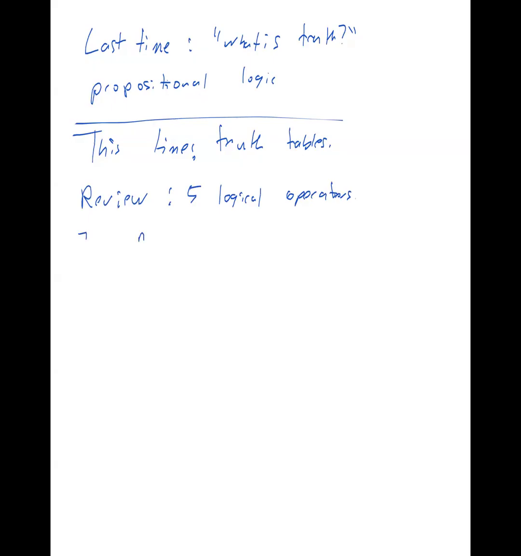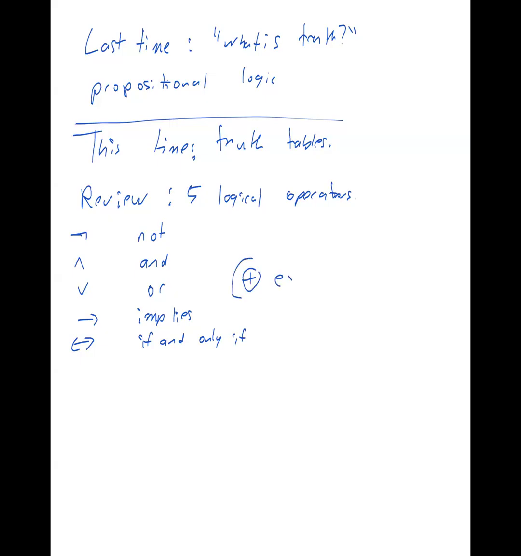There was the operator called not, and then there's the operator called and, an operator called or, implies, and if and only if, exactly. And then there was exclusive or. That's not really one of the 5. That's just kind of like another type of or.